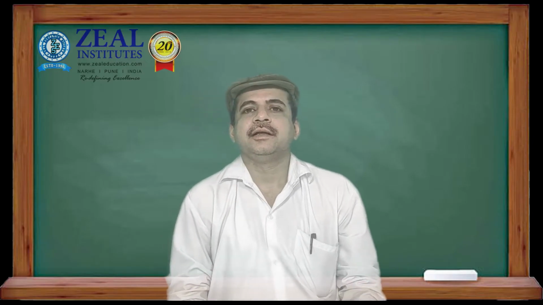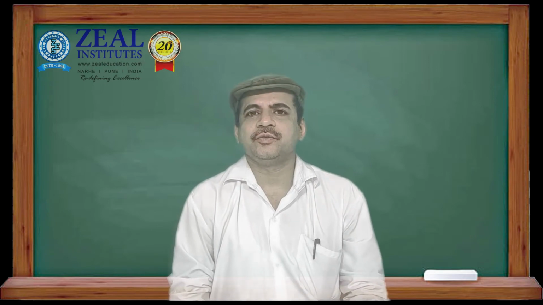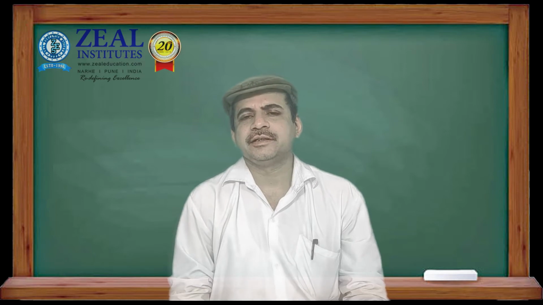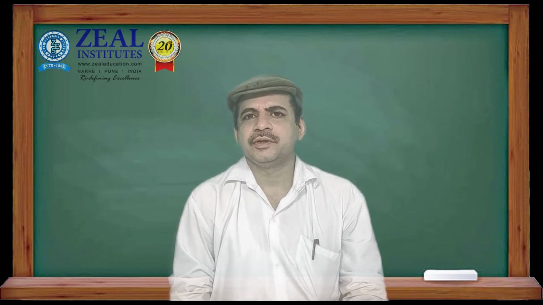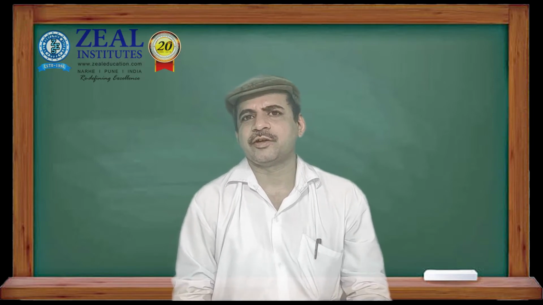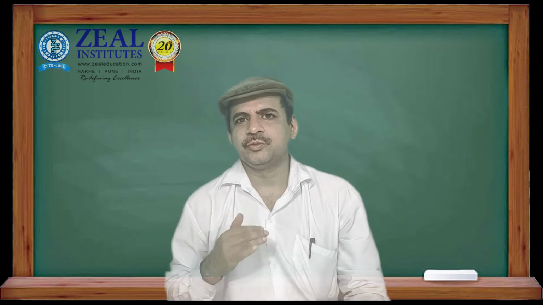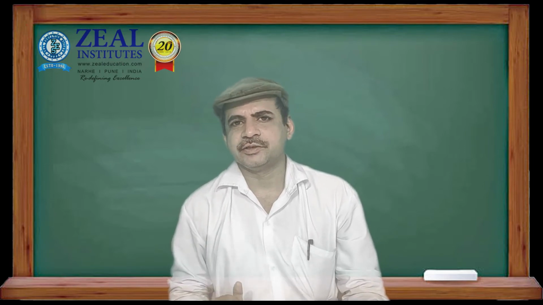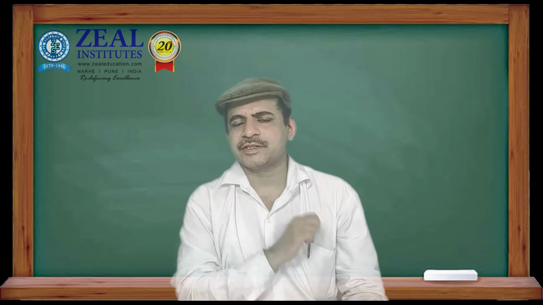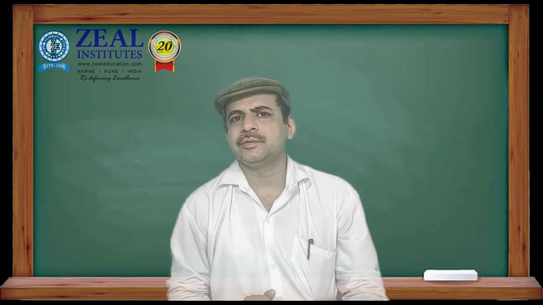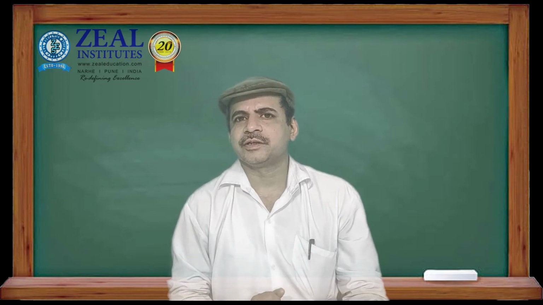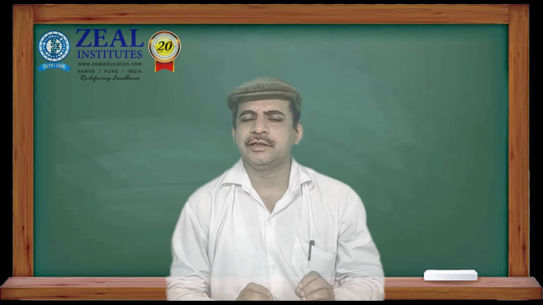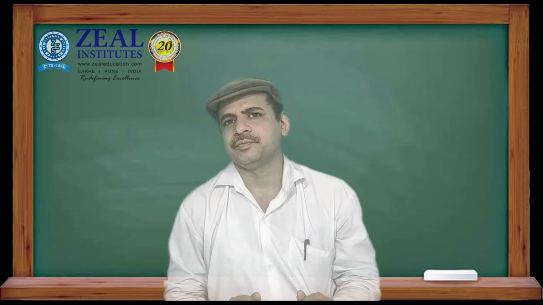Welcome back. In the previous lecture, we solved one numerical example of state observer design, and we considered a second order system with the form not given in the observable canonical form. And we solved the numerical example by all three methods. So today we will solve one more example, and we will take a system where the given model is already in the observable canonical form.